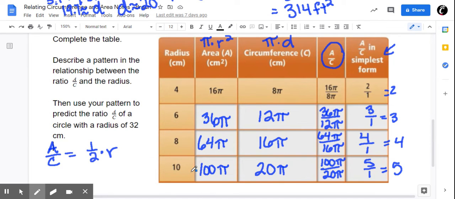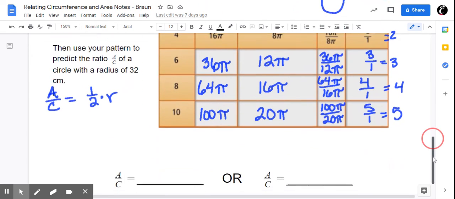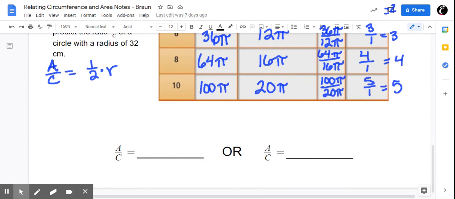And we could look at this a little bit further. And if I scroll down a little bit here, if I were to look at, for example, a radius of 32, right? We're looking at this as radius times 1/2 would give us 16 over 1, which would be A over C. So we can calculate this A over C just by multiplying our radius times 1/2.